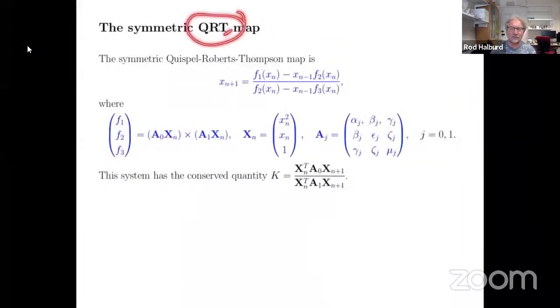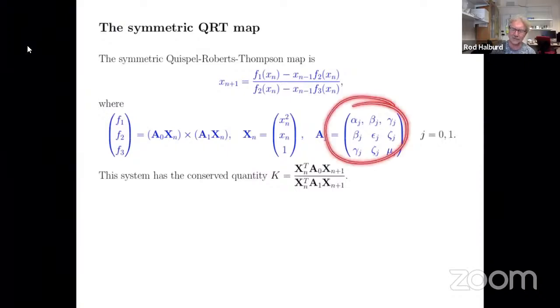The QRT system, which I've already mentioned a couple of times, is a family of discrete equations. So here I'm just looking at the symmetric QRT system. This is not the most general one, but it's very quick to describe. So basically, if I want to solve for the n plus first iterate, it's a Möbius transformation in the n minus first iterate with the various coefficient functions being polynomials in X. And the way that those polynomials are constructed is in this slightly odd-looking way.